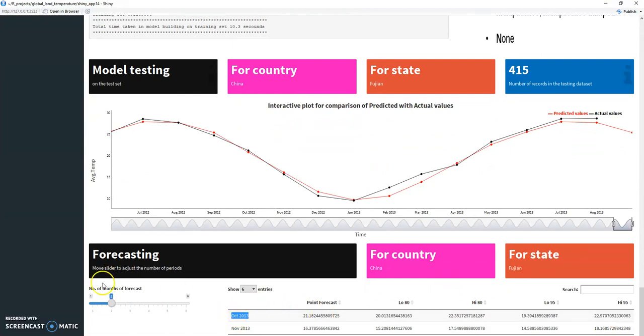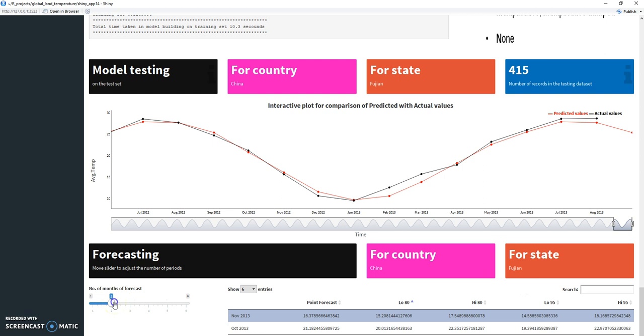I'm trying to do a forecast for 2 months over here, and you can see that the point forecast is 21.18 for October, and for November 2013 it's 16.37. We also have the confidence values at 80 and 95% confidence intervals.